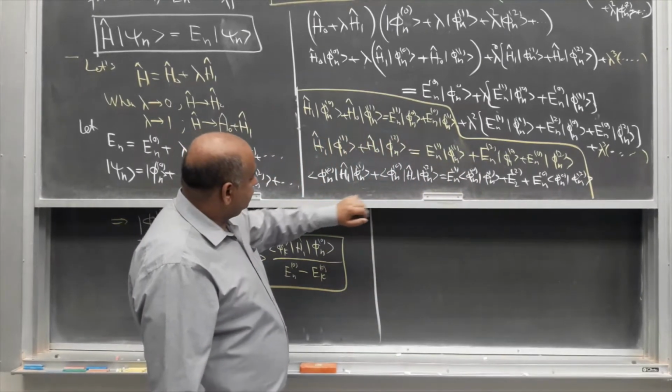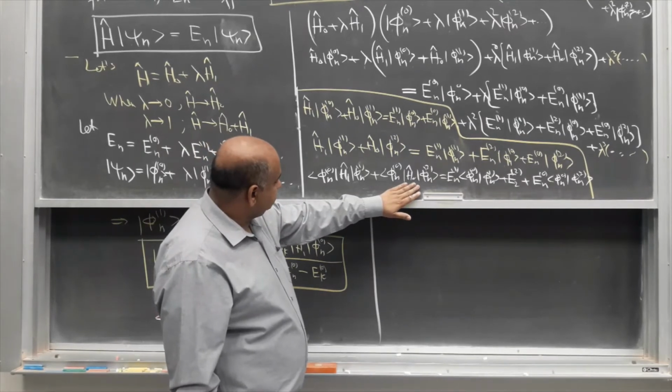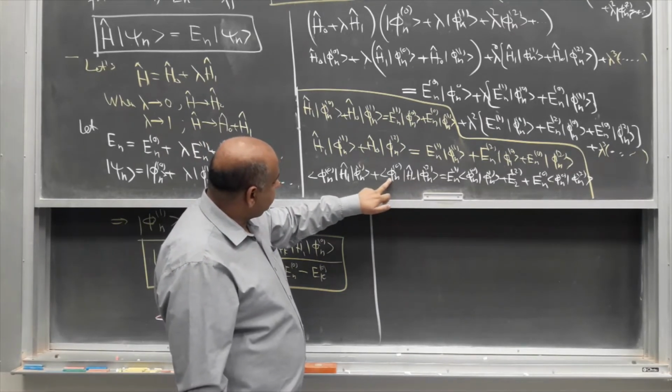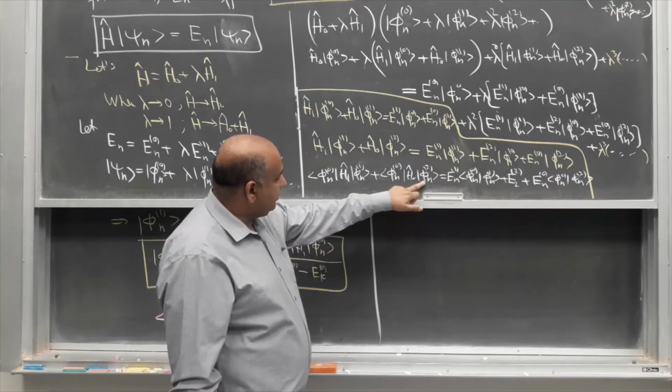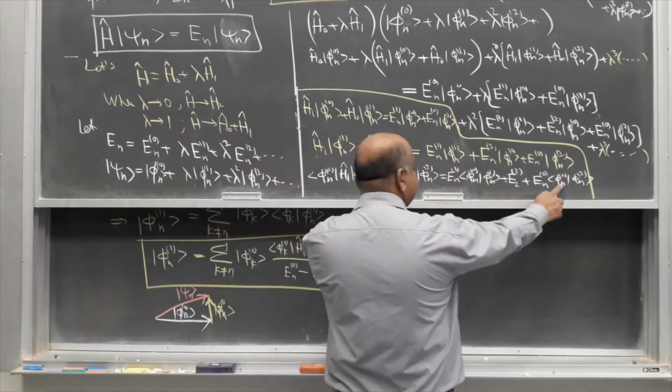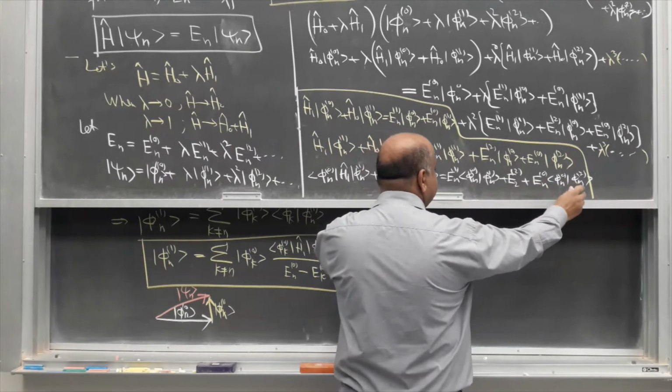If I look at this term, this h0 will operate on phi n0 and I'll get en0 into phi n0 phi n2. This is exactly the same term as this one, en0 phi n0 phi n2.